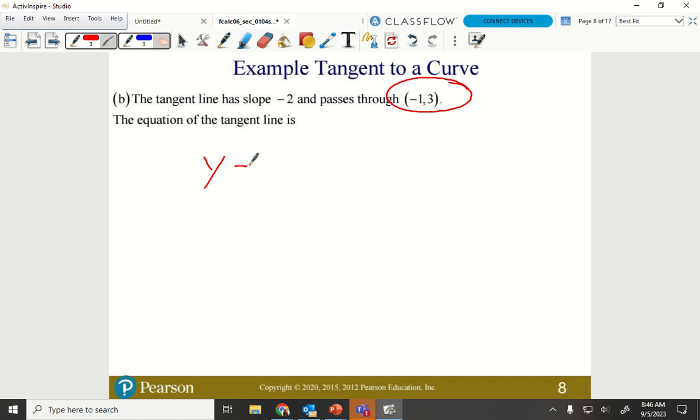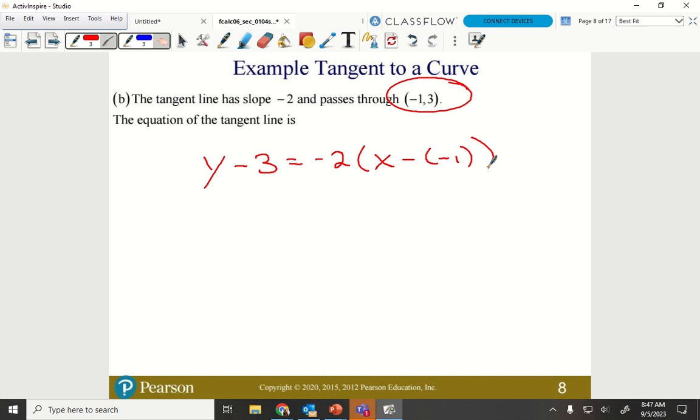So it's y minus y1 equals m times the quantity x minus x1. Y minus what? Which is? Equals -2 times parentheses x minus -1.